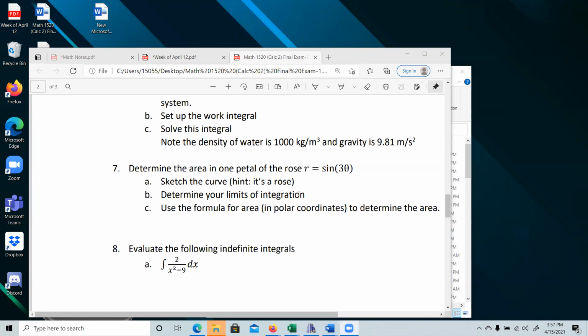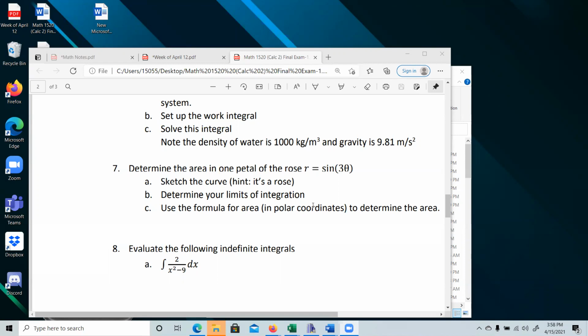If you end up going to New Mexico Tech for Calc 3, I remember spending a lot of days trying to figure out where the two curves intersected and fighting with that to figure out my limits of integration.